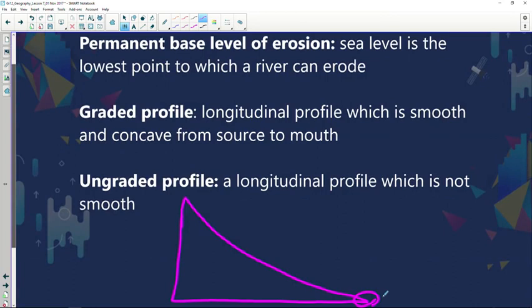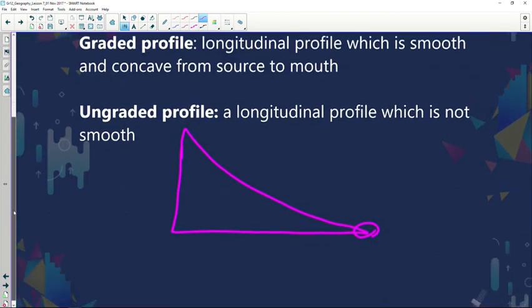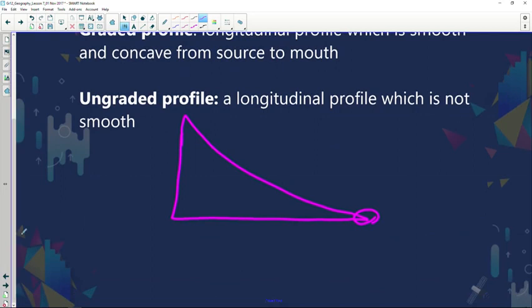It can't erode any further. And a graded profile is a very smooth concave river profile. Now with an ungraded profile, like I've shown you what happens with rejuvenation, we have a nick point that develops and means our longitudinal profile is not really smooth anymore.